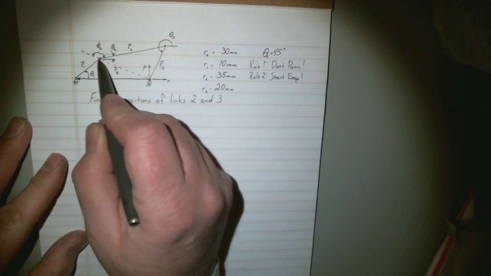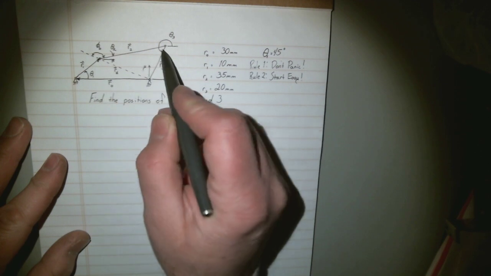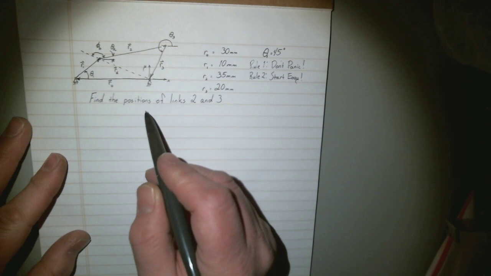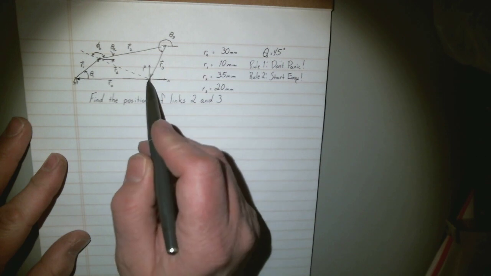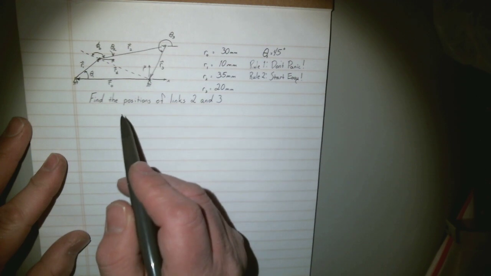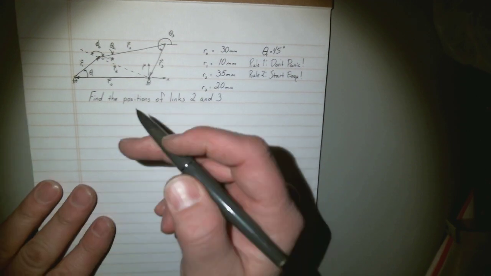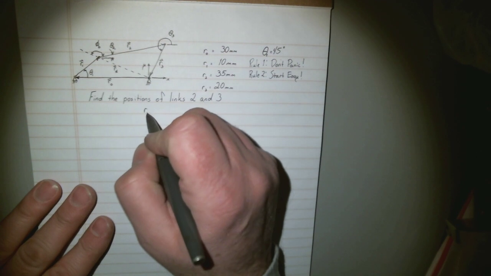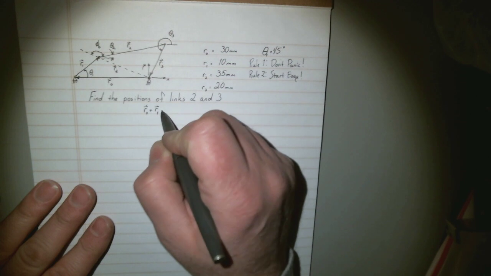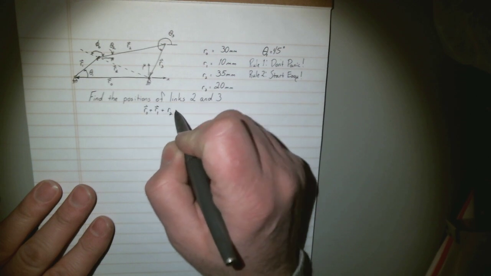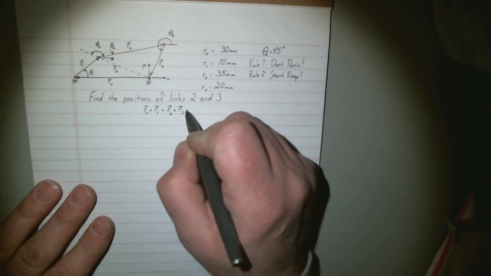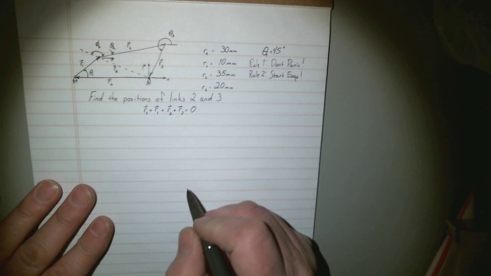Following around then for my closed vector chain, I can place my arrowheads on all of these vectors so that when I start at a location and follow around, I get back to the same location. That lets me state that R sub 0 plus R sub 1 plus R sub 2 plus R sub 3 is equal to 0.